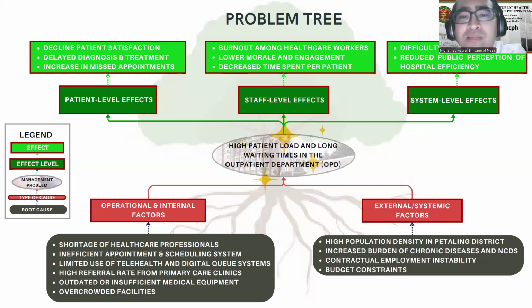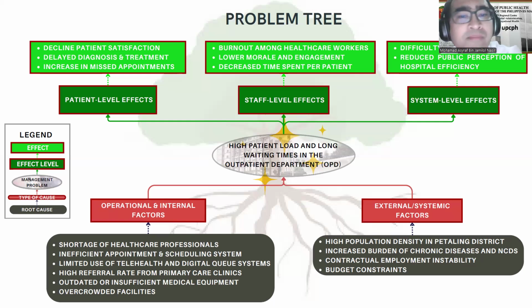In this problem tree, I structured the contributing causes into internal and operational factors and also external and systemic factors. Internally, we face staffing shortages, inefficient scheduling, underuse of telehealth, high referral rate, outdated medical equipment, and also overcrowded facilities. Externally, the challenges include a growing urban population, rising NCD cases, employment instability for healthcare workers, and also budget constraints.